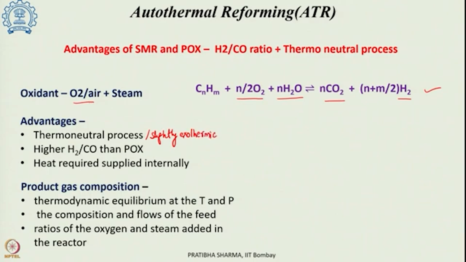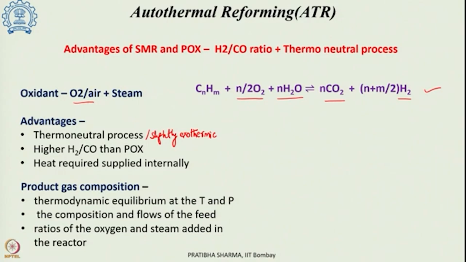Slightly exothermic, because it can also take care of the losses which are occurring in the reformer. At the same time, it has a higher hydrogen to carbon monoxide ratio as compared to partial oxidation, and the heat which is required can be supplied internally rather than externally, which was the case in steam reforming.